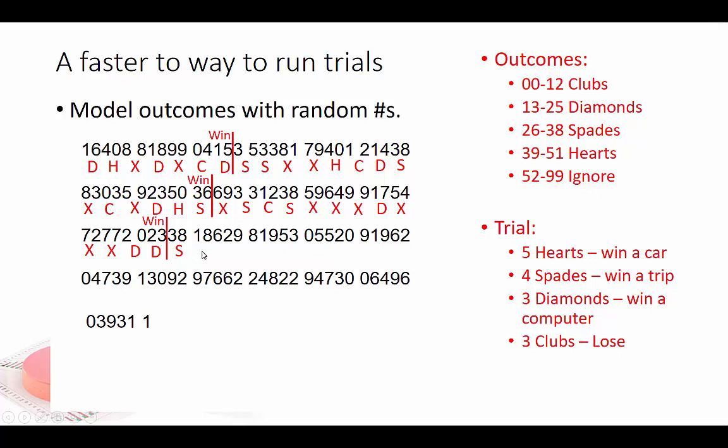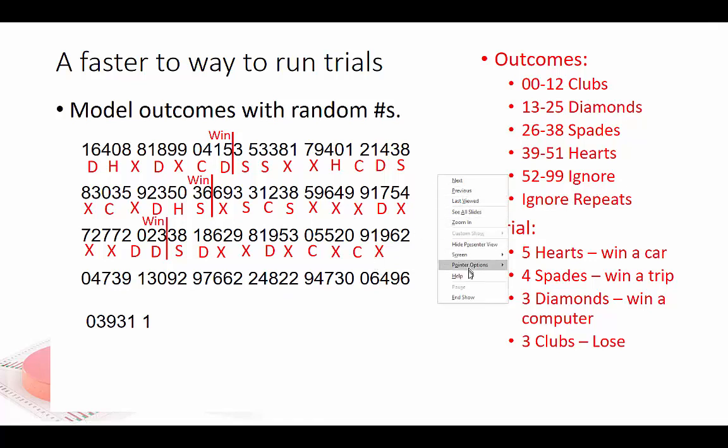Now let's look. 38 is a spade, diamond, ignore, ignore, diamond. 53 is out of the range, 5 is a club. 52 is out of the range, 9 is a club. 19 should be a diamond. Why did I put an X here? Well, you see I added this line, said ignore repeats.